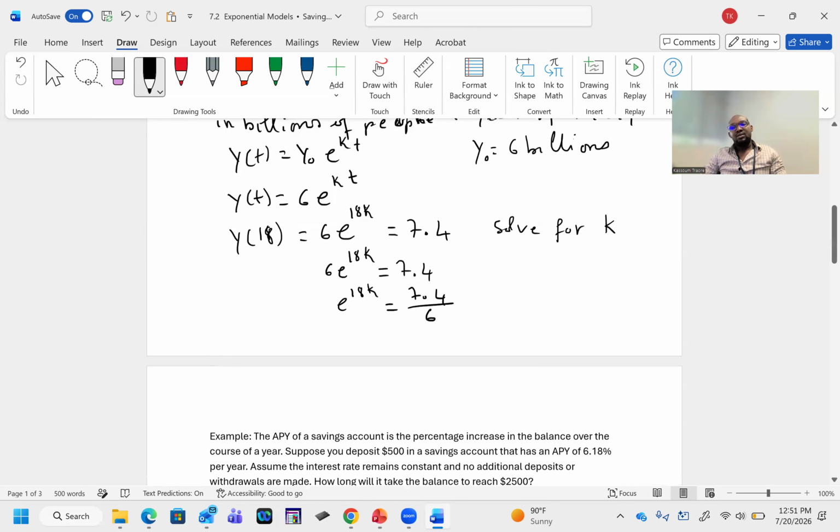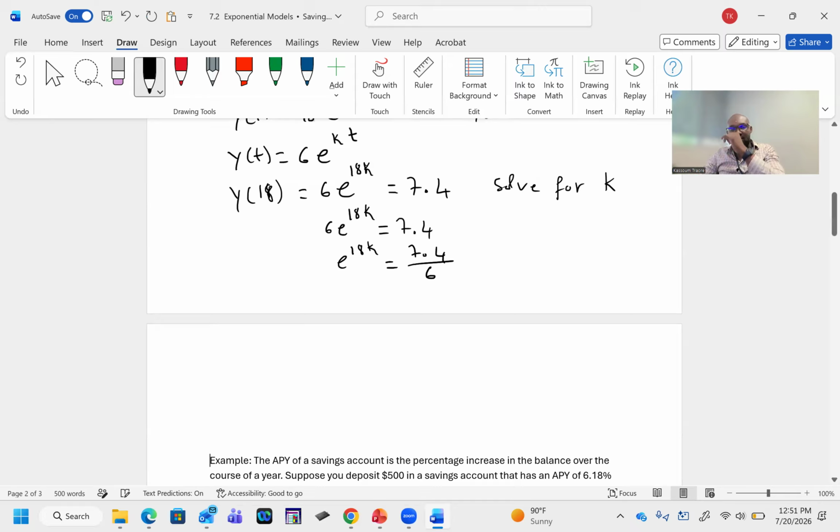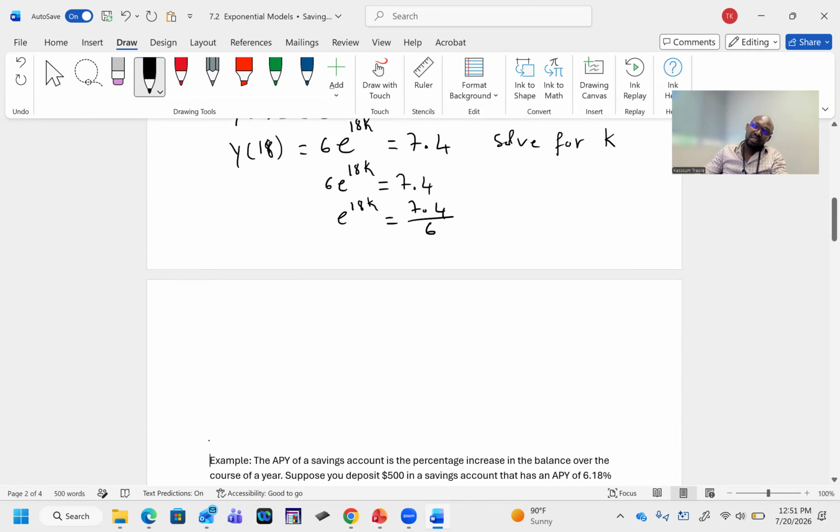And then we apply ln on both sides because we want to get k by itself. You remember the natural logarithm property. So 18k would be ln of 7.4 divided by 6.